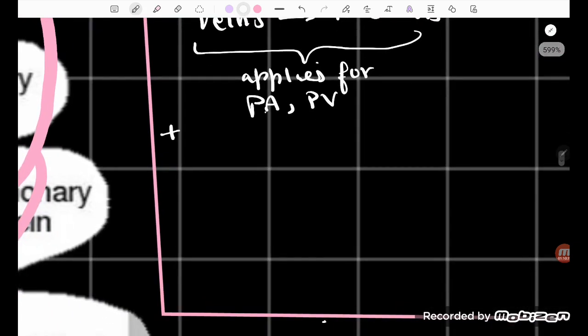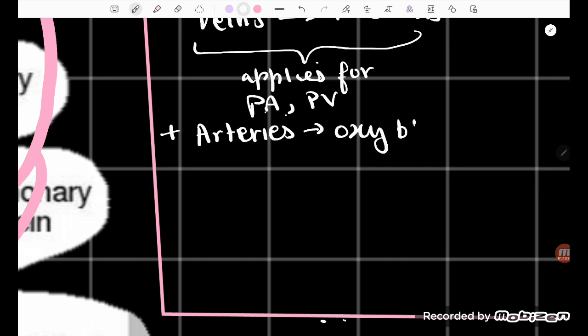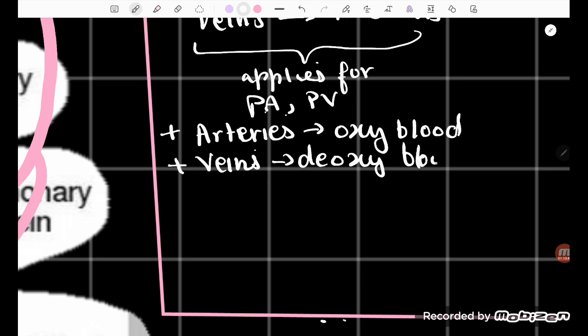The second point you're going to remember is all arteries carry oxygenated blood, oxy blood. All veins carry deoxygenated blood, deoxy blood.